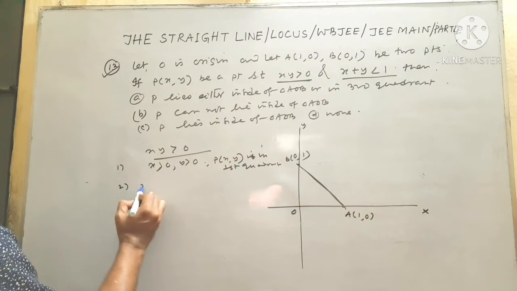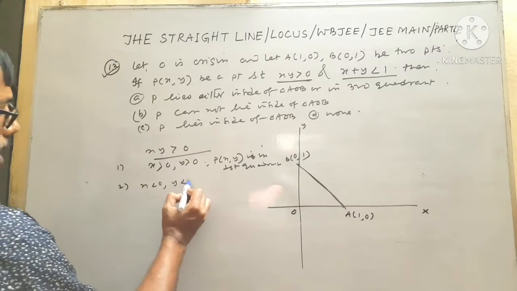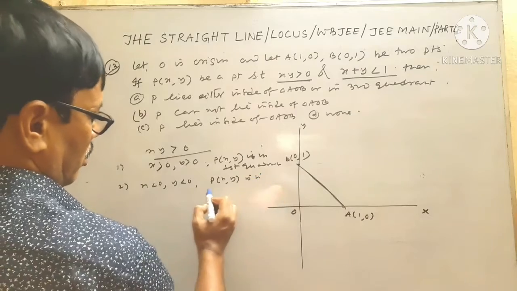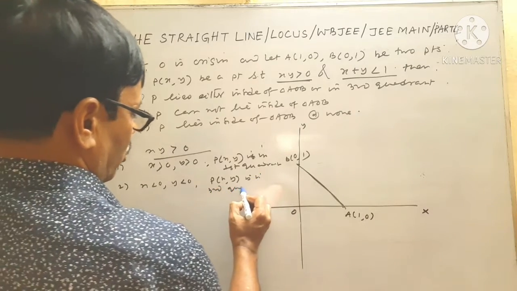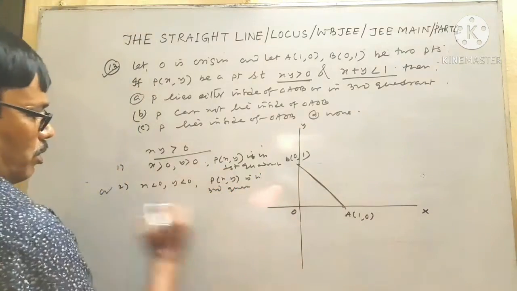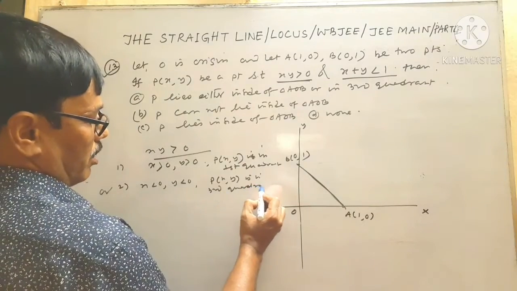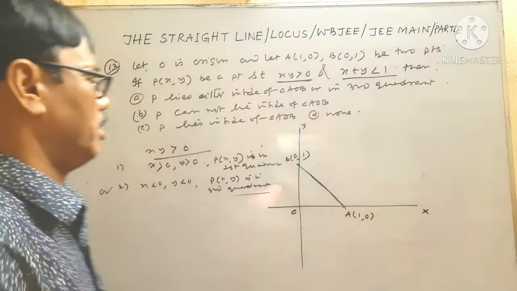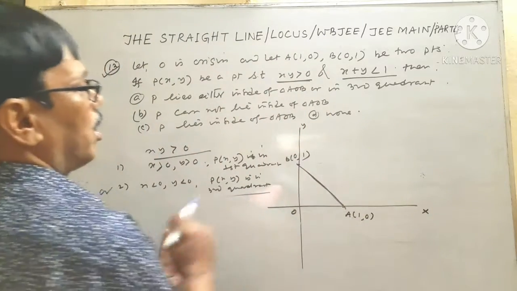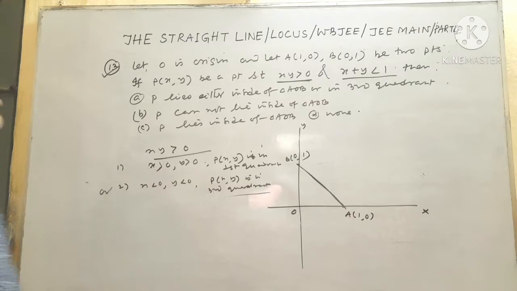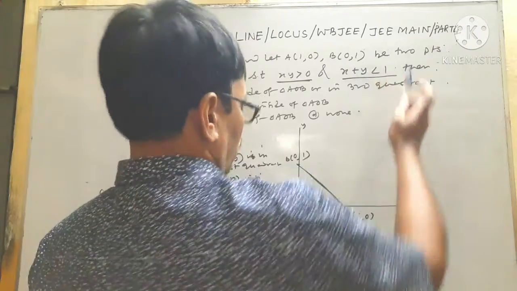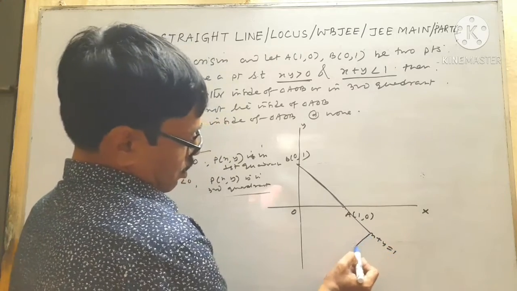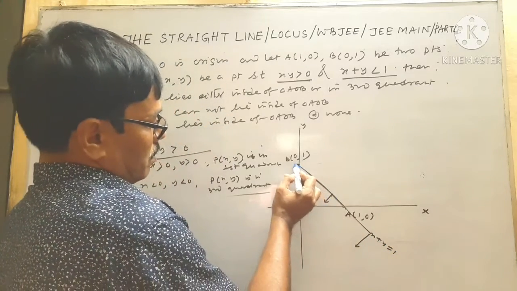And case 2, x less than 0 and y less than 0, so P(x, y) is in the third quadrant. So there are two possibilities: it is clear that P is in the first or third quadrant. Now one additional condition is given: x plus y less than 1. This is the line x plus y equals 1, so less than 1 means this side.